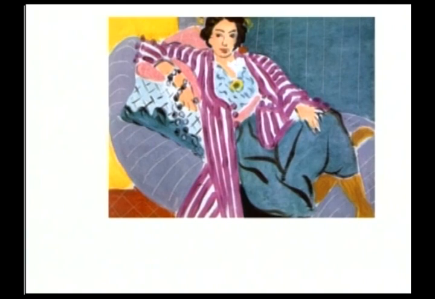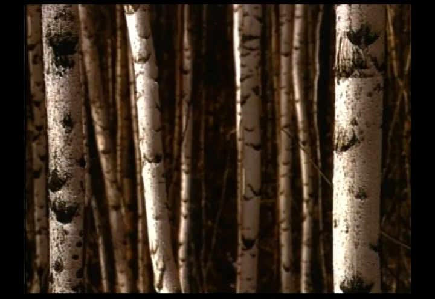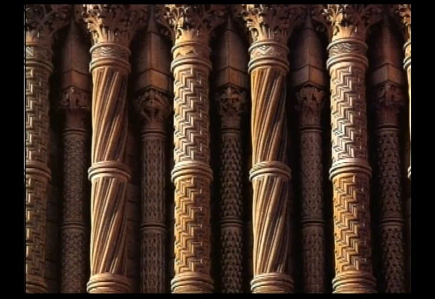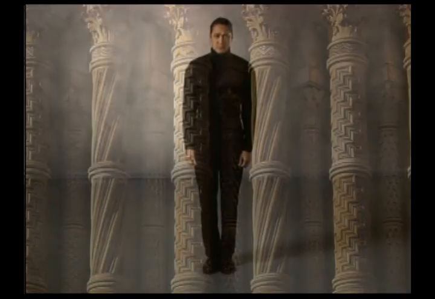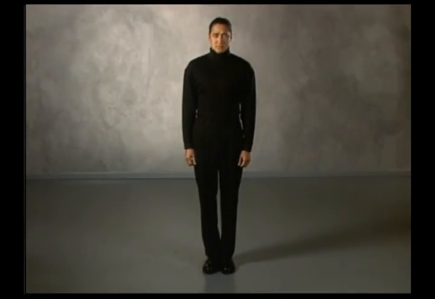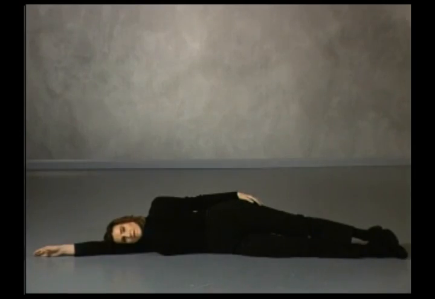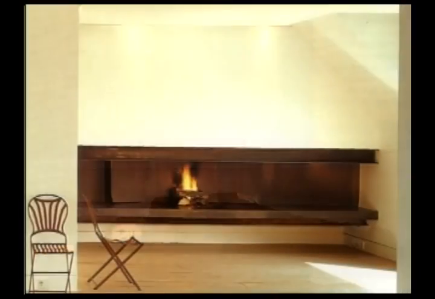Let's begin with line. We're not necessarily talking about the straight, thin line of, let's say, a birch tree. In design, line must be thought of more broadly. Anything taller than it is wide is said to have a vertical line. If the object in question is wider than it is tall, we designate its line as horizontal.